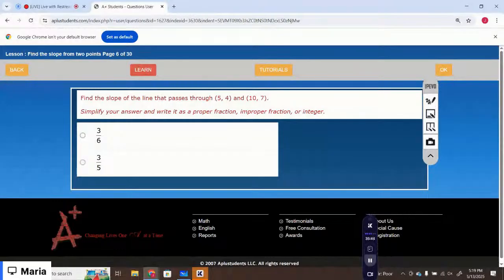Find the slope of the line that passes through 5, 4 and 10, 7. That is 3 by 5. Option number 2 is the correct option.